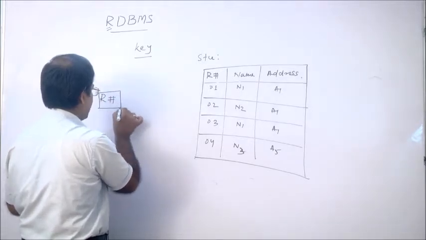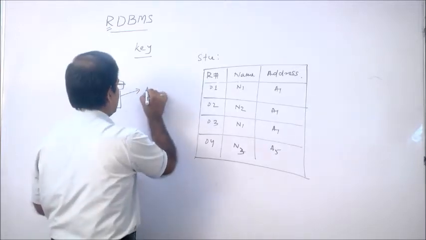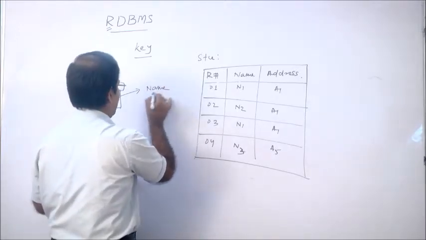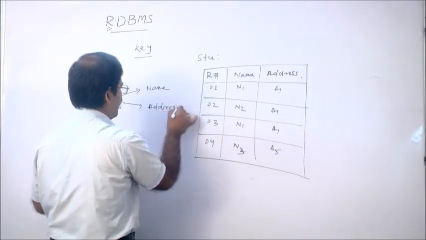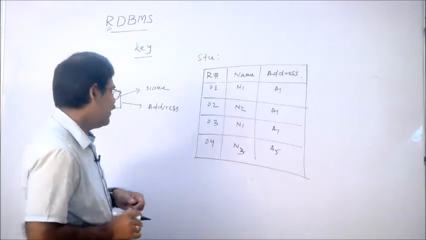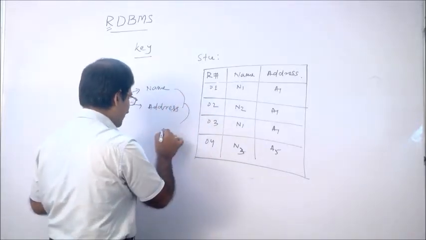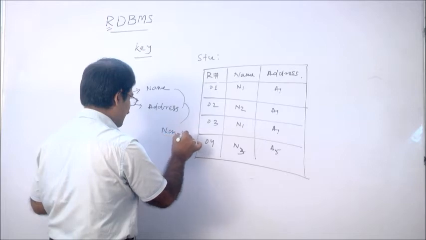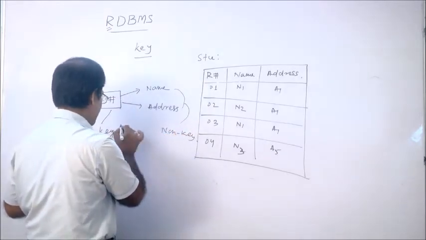If you say roll number 1, what is the name of the student? Name is N1. What is the address? Address is also determined. So the right side, name and address, is called non-key, and the left side is called the key field.